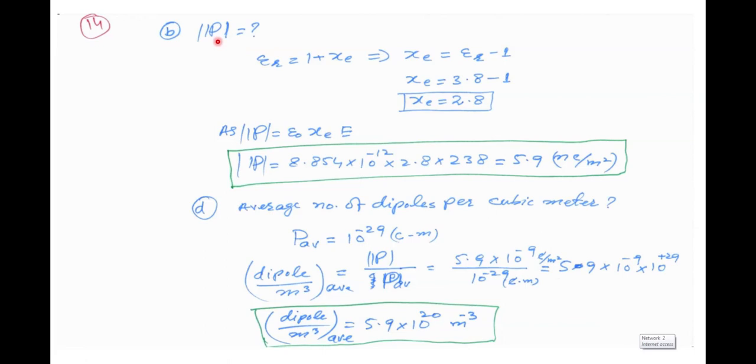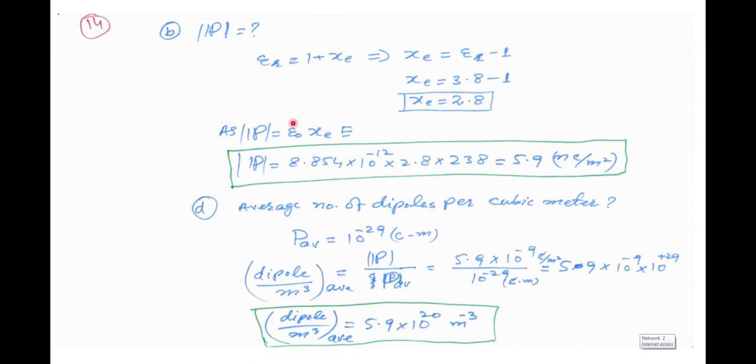How do we obtain the magnitude of polarization? We know that epsilon r is equal to 1 plus chi e. So susceptibility becomes equal to epsilon r minus 1, and chi e is equal to 3.8 minus 1, which is equal to 2.8. As we know, the polarization is given by this relation.